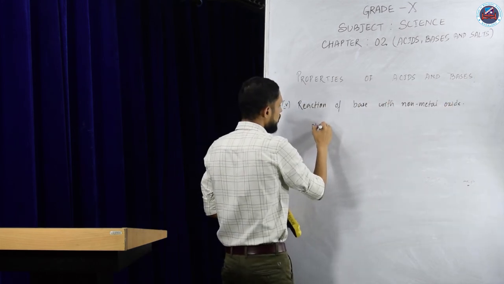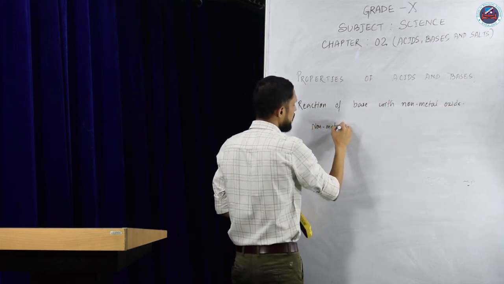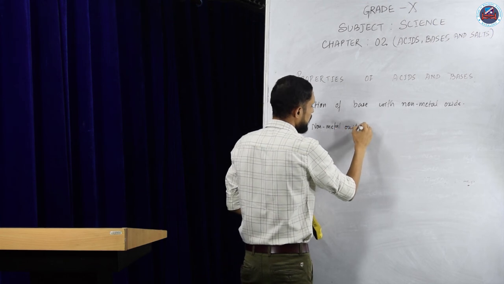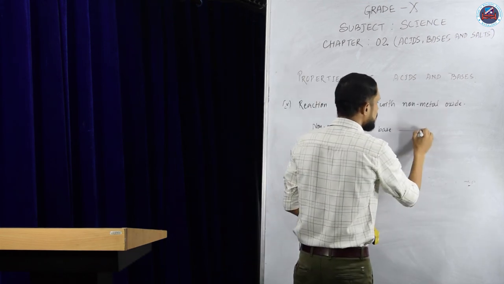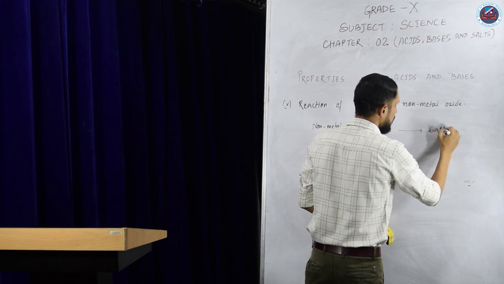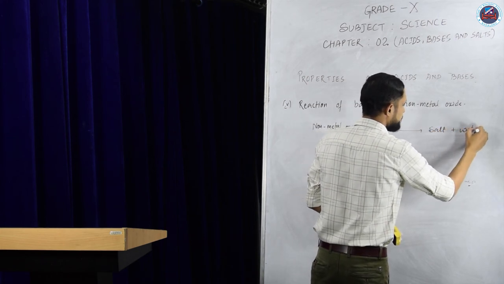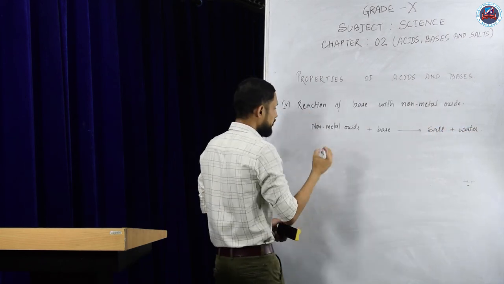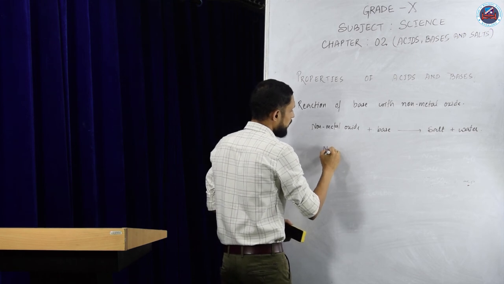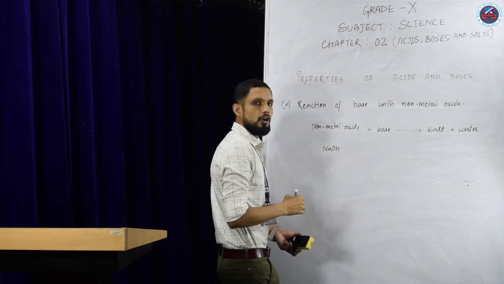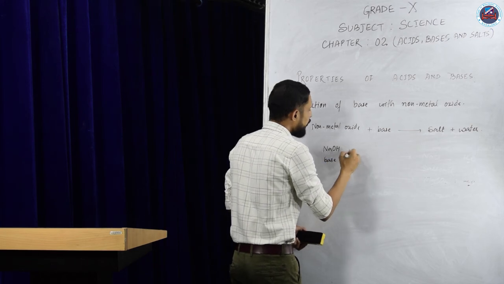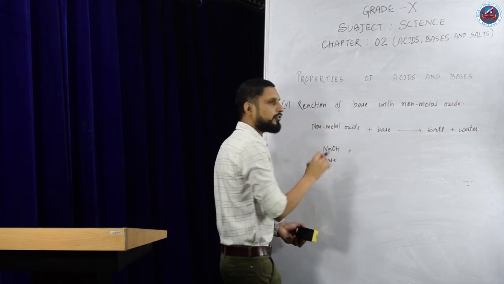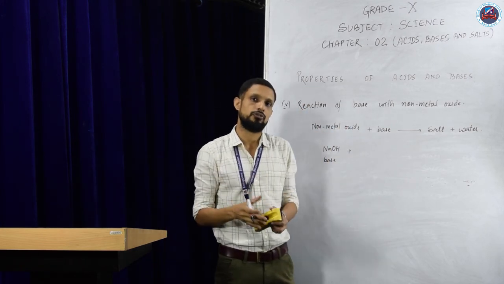So non-metal oxide, if it reacts with base, it forms salt and water. So let us take the example of NaOH, which is a base. What is meant by non-metal oxide?